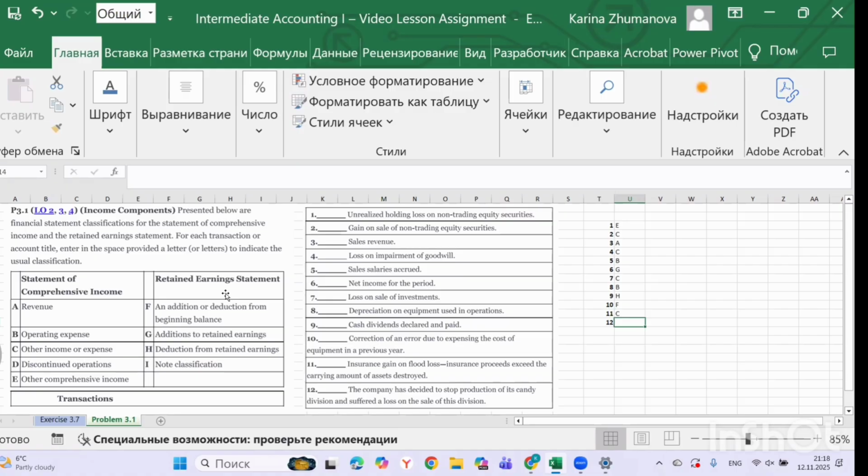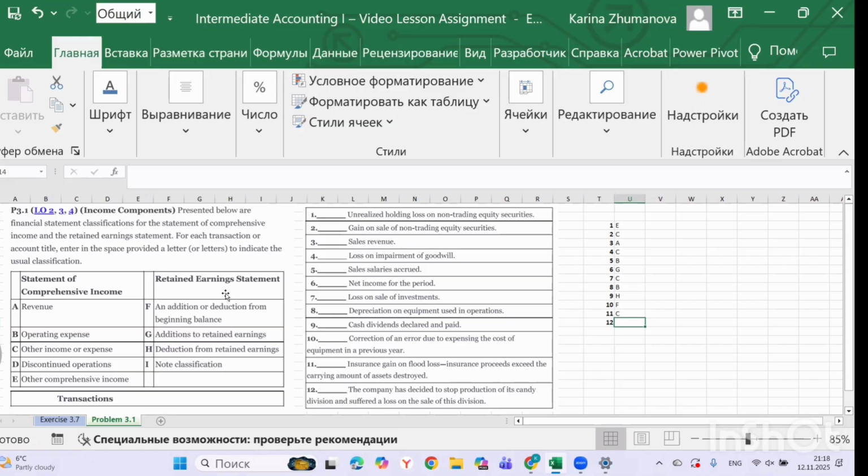And the last one, 12. The company has decided to stop production of its candy division and suffered a loss on the sale of its division. The company closed a main part of its business, and the result is removing it, and to show investors what profit will look like in future.